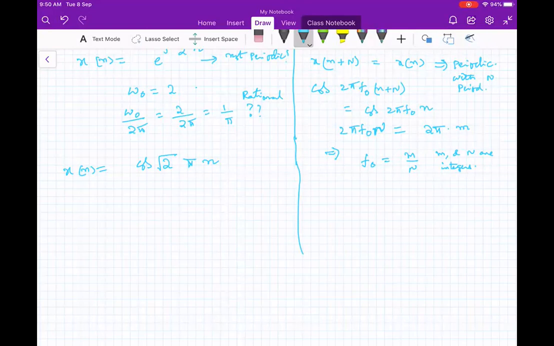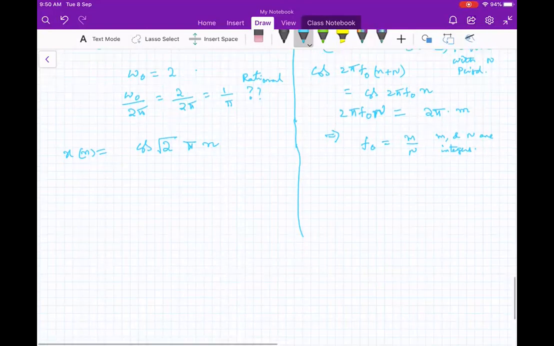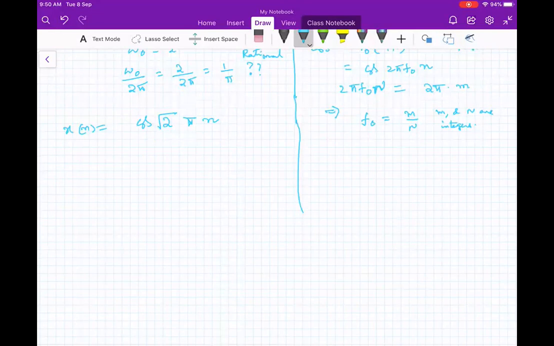Is Pradeep there? Yes, sir. No, sir, it's not, because omega naught by 2 pi is, if you wish to see here, root 2 by 2 pi, that is 1 by under root 2, which is irrational, sir. Yeah, root 2 is not rational. So non-periodic.